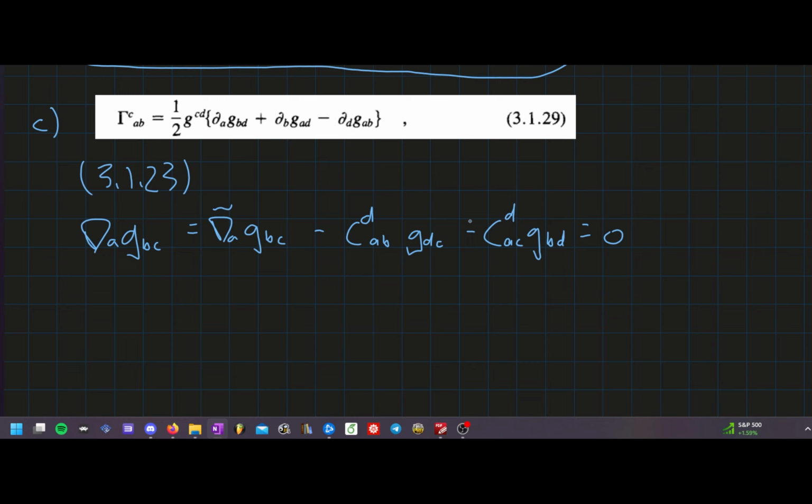So we can let these metrics act on these C's and lower the indices, so we can rewrite it like this: C_{cab} minus C_{bac}. And eventually we're going to want this in terms of the normal derivative operator, like I said, so we can also write this as del_a g_bc minus C_{cab} minus C_{bac}.